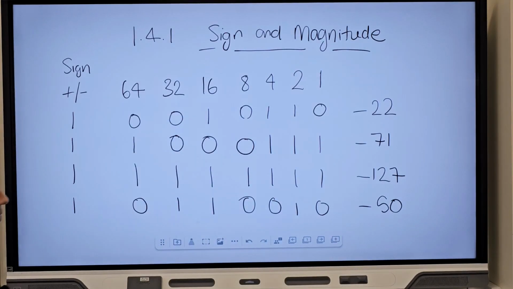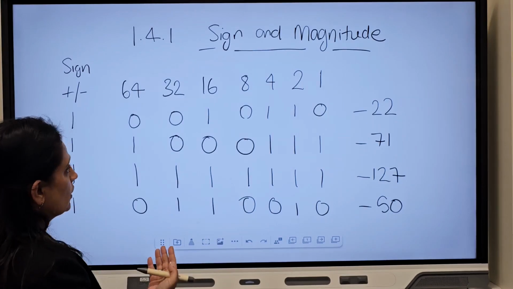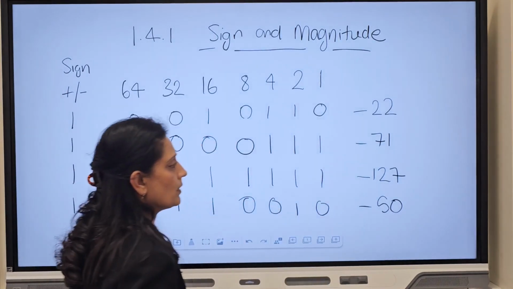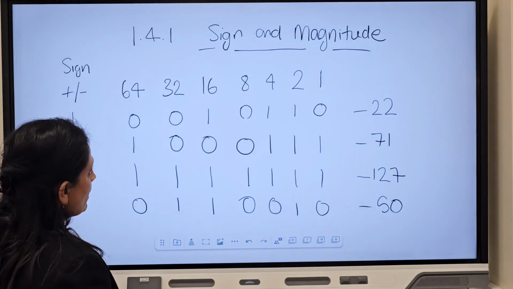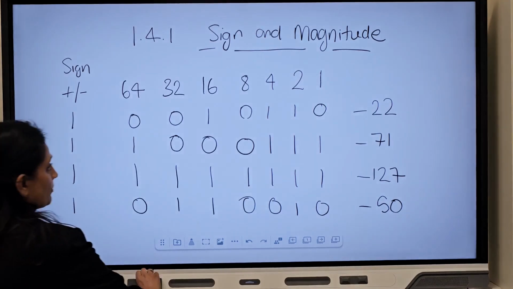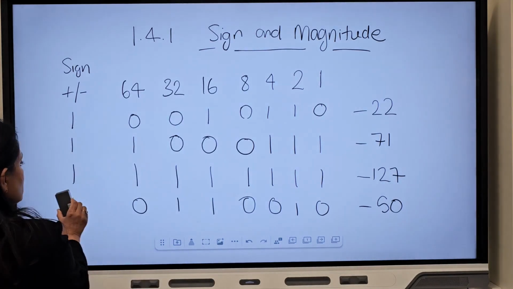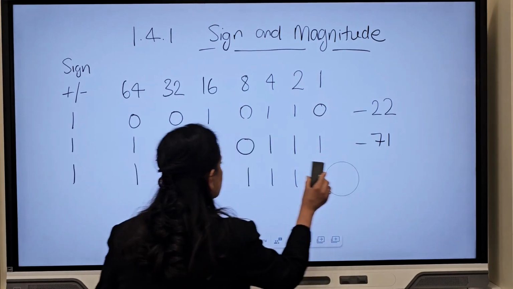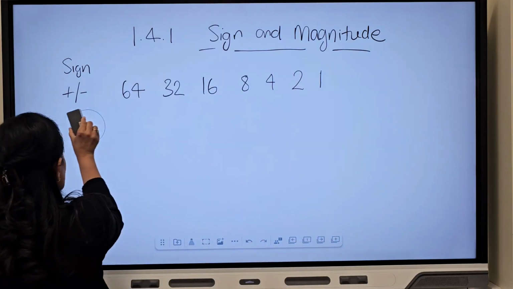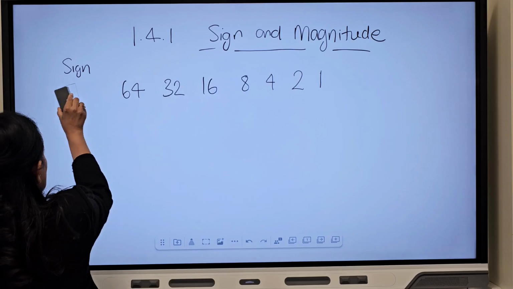Now, that's straightforward when you are representing negative numbers up to minus 127. However, if you were asked to represent, let's say, minus 160, that would be a bit of a problem.